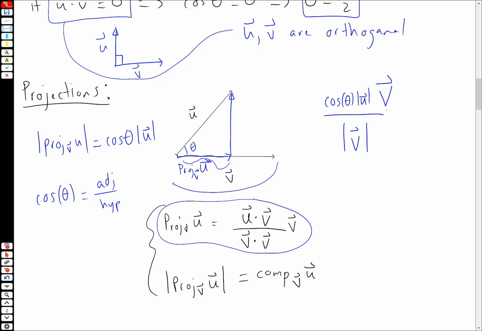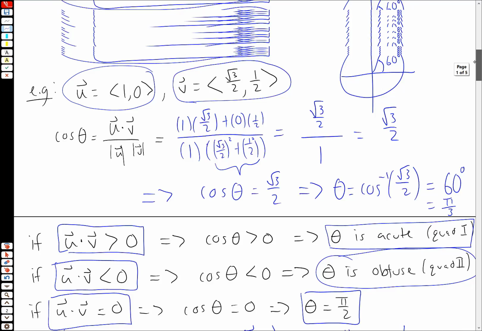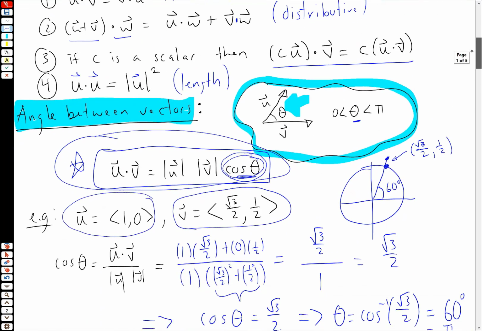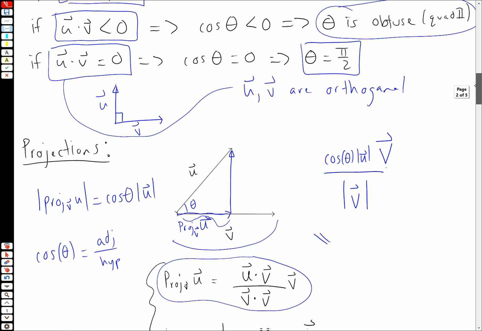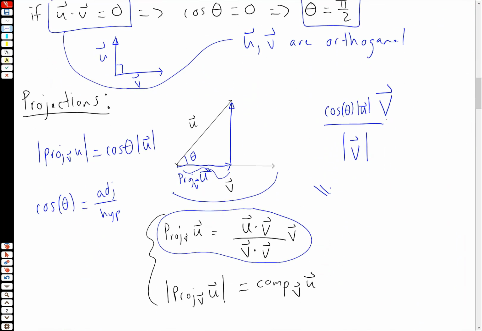Now, we don't really want trig functions here. We want to get this formula with the dot product. If we use our dot product formula up here, the dot product is the length of u times the length of v times cosine of theta. We get that this is really just the dot product of u and v, by doing some shuffling, divided by the length of v.